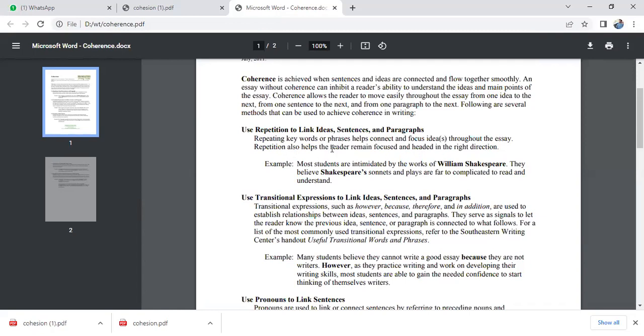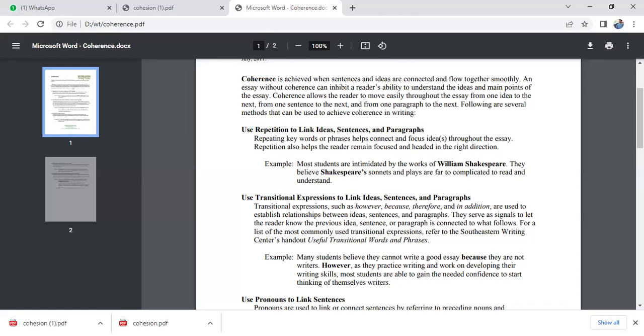If you are repeatedly using certain words, it will focus the reader on the main idea, on the main subject that you are talking about. It will give direction to the reader about what the topic is about, whether the writer is against the subject or supporting the subject. So through repetition, the reader will get direction.